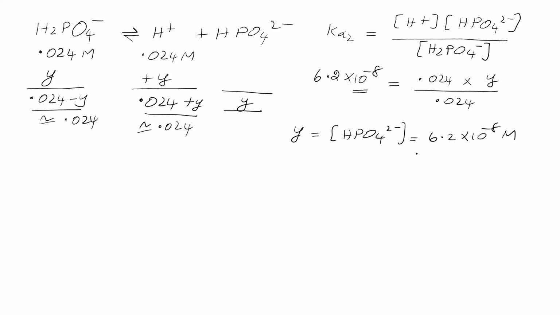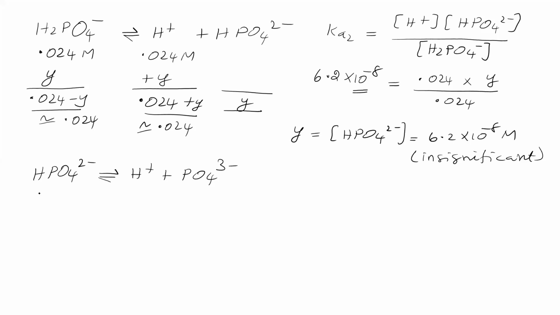This is a very small concentration. We can say this is an insignificant concentration. They have asked us to calculate significant concentrations, but it is insignificant. Then this HPO4 2 minus can act as an acid by donating H plus. It is donating H plus and becoming PO4 3 minus.